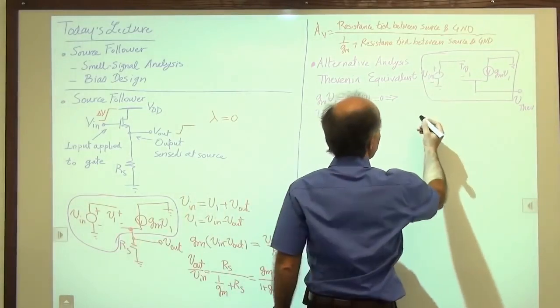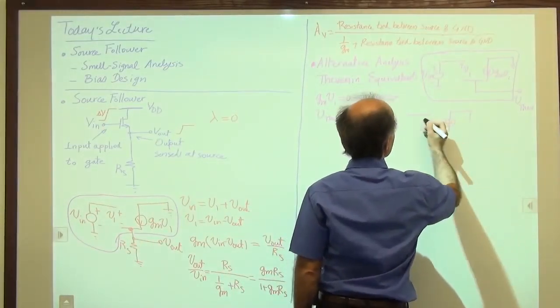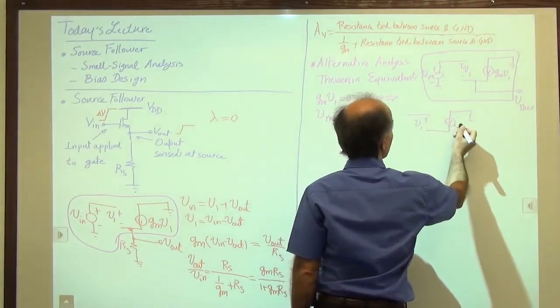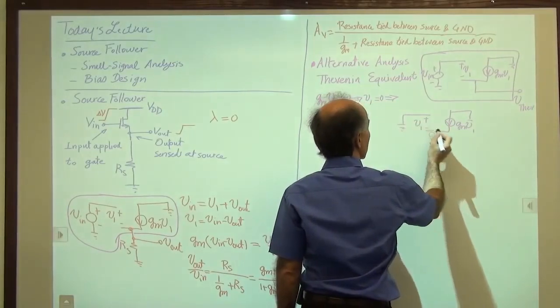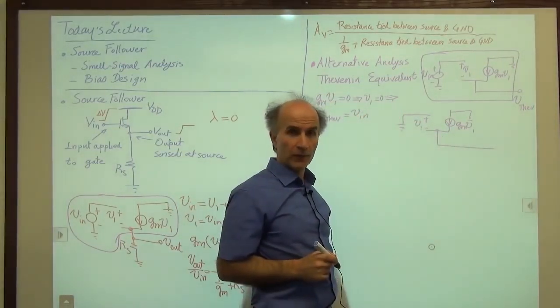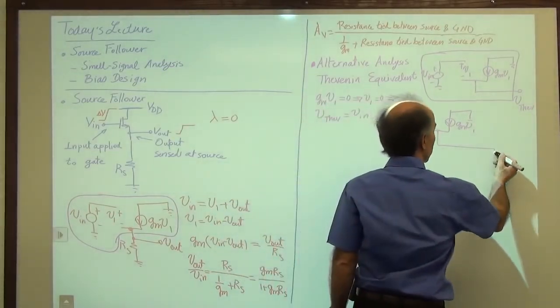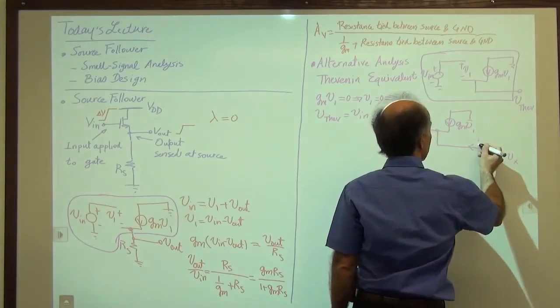We'll kill the source. That will give us something like this: V1, gm V1. This is AC ground. This is the box without independent sources. And now we apply Vx and measure Ix.